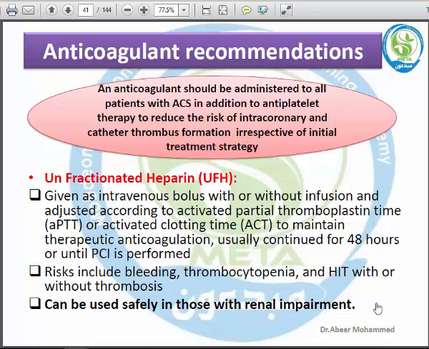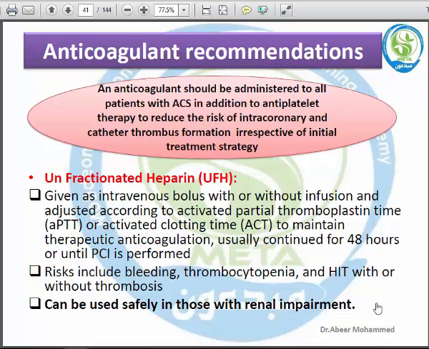For unfractionated heparin, we should give the patient an intravenous bolus with or without infusion, adjusted according to the APTT, activated partial thromboplastin time, or activated clotting time, to make sure the patient is within therapeutic range or not.